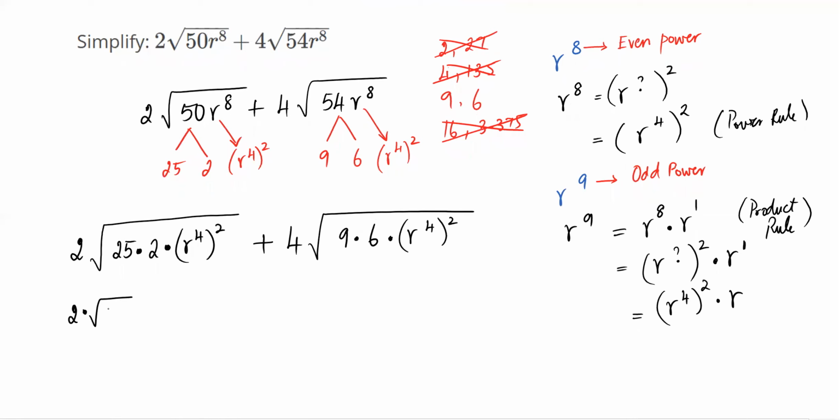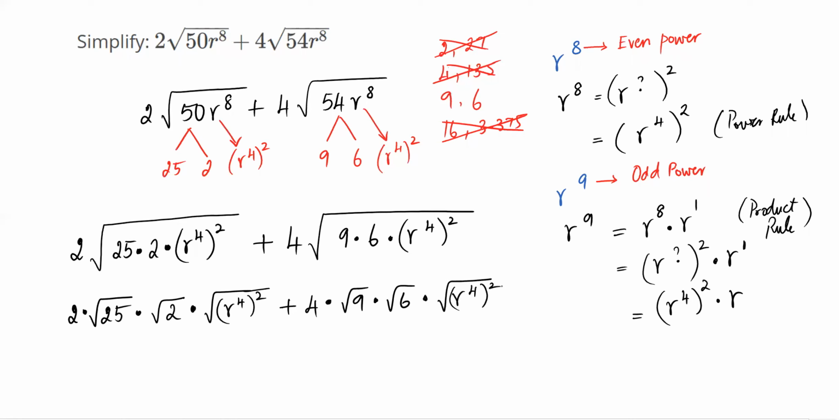So 25 times square root of 2 times square root of r power 4, the whole square, plus 4 times square root of 9 times square root of 6 times square root of r power 4, the whole square.